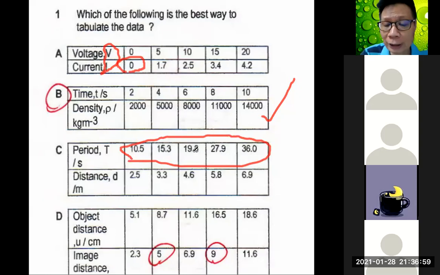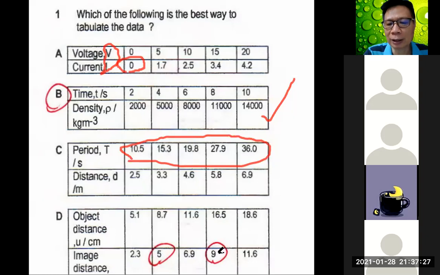No. Because when you put the table, the first row here is the manipulated variable. Manipulated means you control it. Why would you put 10.5, 15.3 like that, whereas you can control the value? So take a simple one, 10, 15, 20 like that. So the mistake is here.